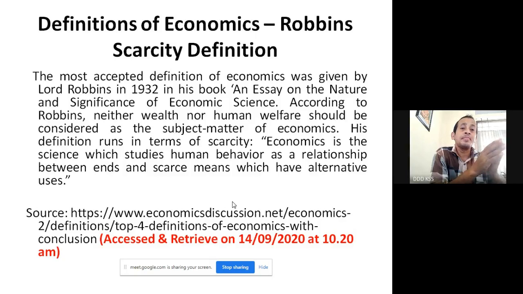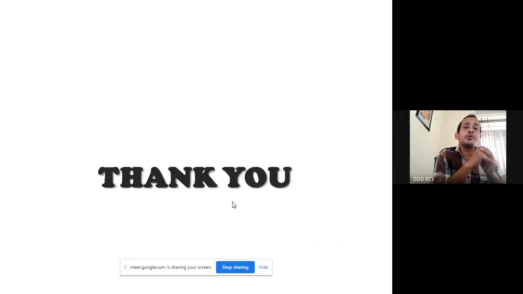Or we can say that any activity related to the production, consumption, and distribution of goods and services can be the study matter or study area of economics. So in this session, we'll not discuss more. Next session, we'll discuss methods of scientific inquiry and division of economics.